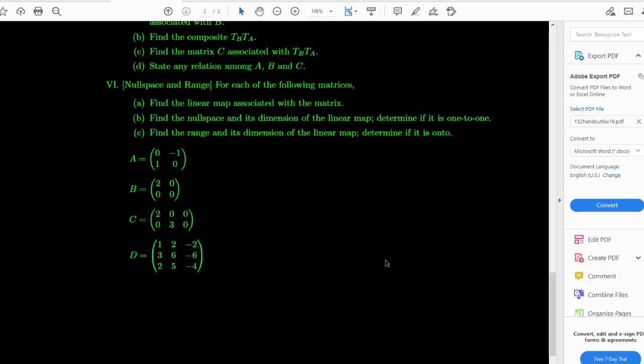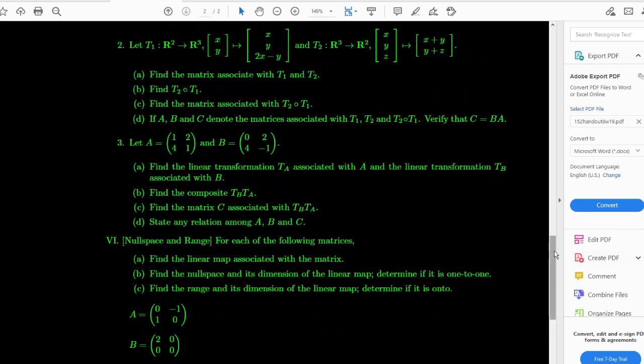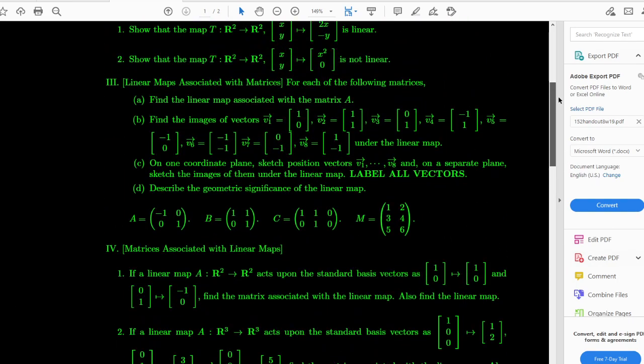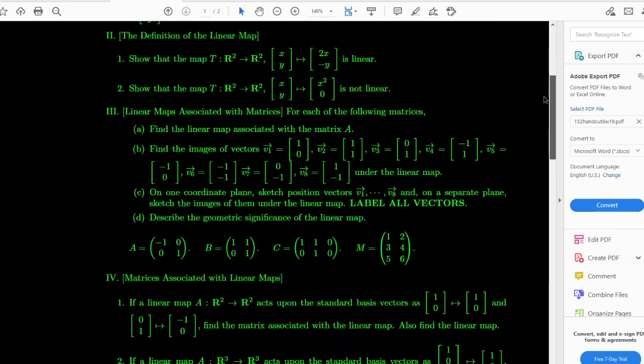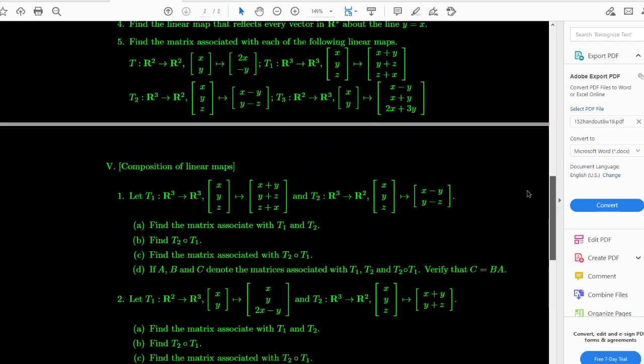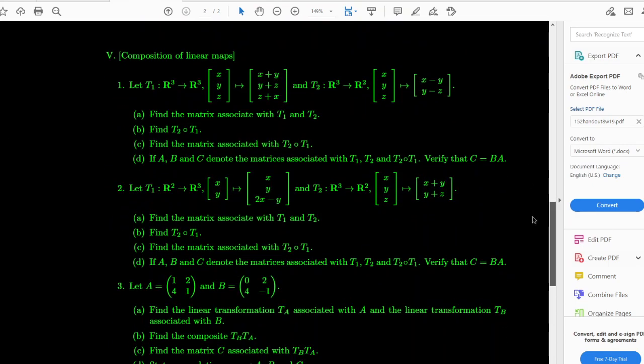For this course, the main thing we're talking about now is the composition of linear maps. Very shortly, you're going to see the composite of two linear maps is also linear. In addition to that, we can get the matrices associated with the linear maps. I will show you what's going on.